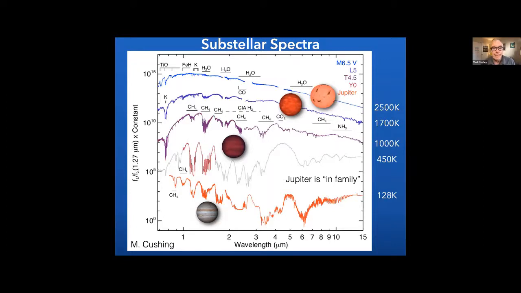We see the excess at 5 microns. And finally, we get down to Jupiter. And of course, Jupiter here, the shorter wavelengths is reflected light, not thermal emission, but it looks the same. It has that same feel to it from the molecular opacity being so important. And so really Jupiter is in family with the rest of its more massive cousins all the way up to the coolest stars.